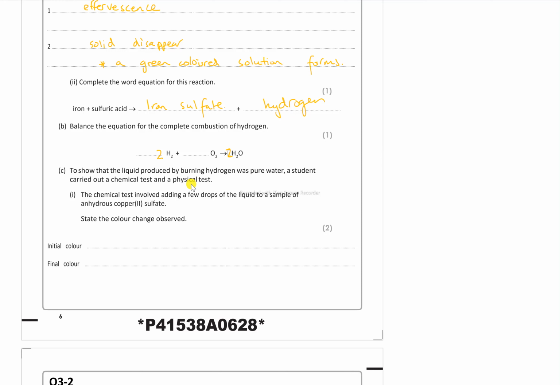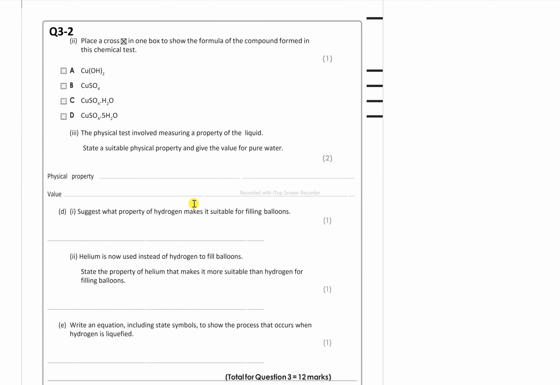Remember, to test for water, you use anhydrous copper sulfate, which is white. When you've added that and there's water in there, it becomes blue. Right, it's good to know that anyway. Show the formula of the compound formed in this chemical test.